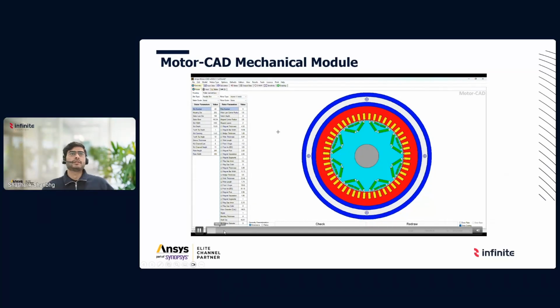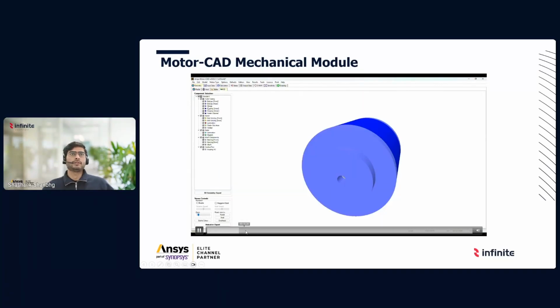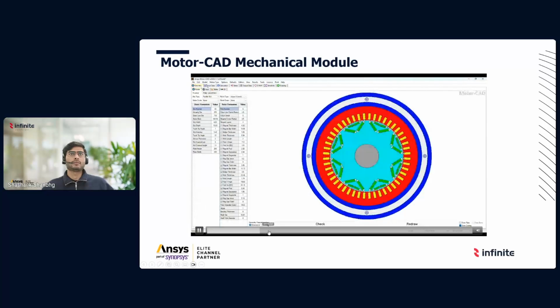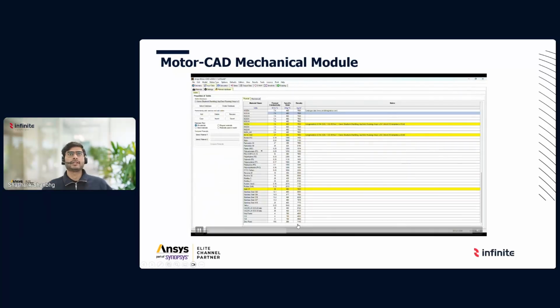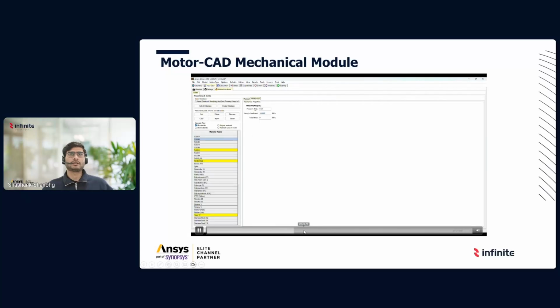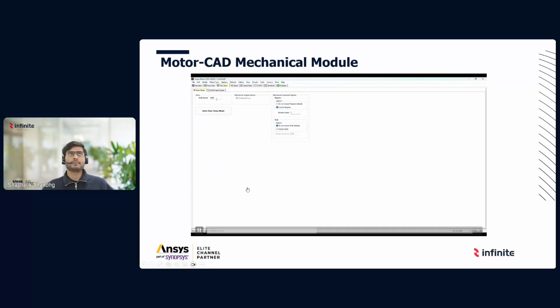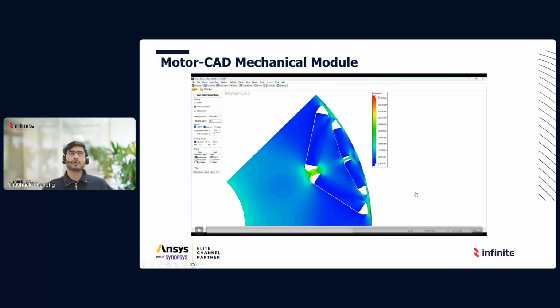So let's say I move ahead here, and you can see the model, the mechanical module. You have different properties available. The database for the materials is also available. You can check the Young's modulus parameters, and you can set them. And once you solve for the rotor stress model, you receive a plot where you can check different regions where the stress is high.